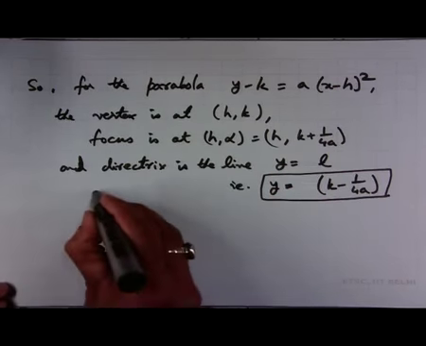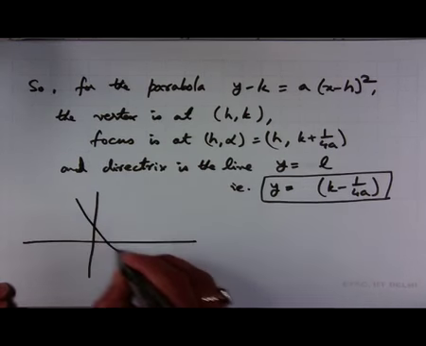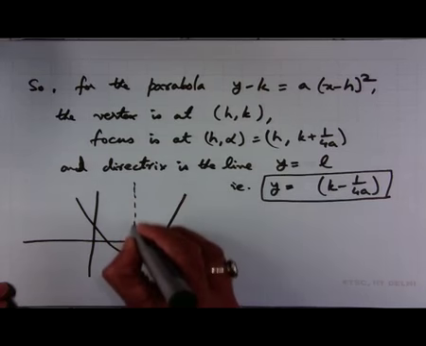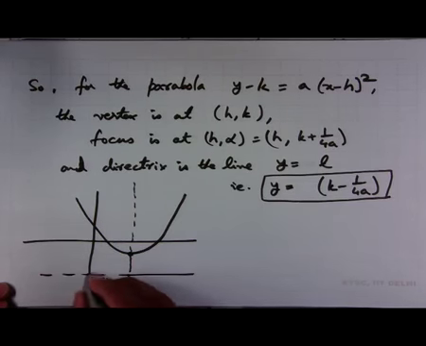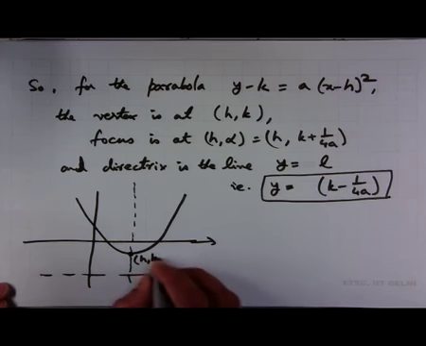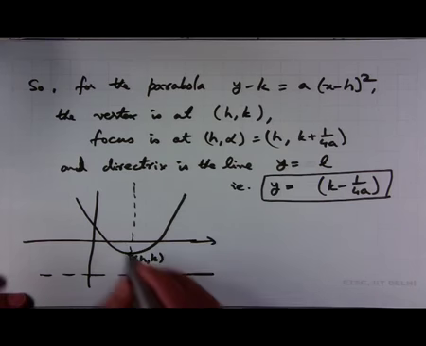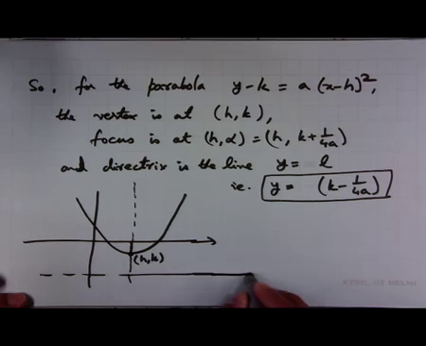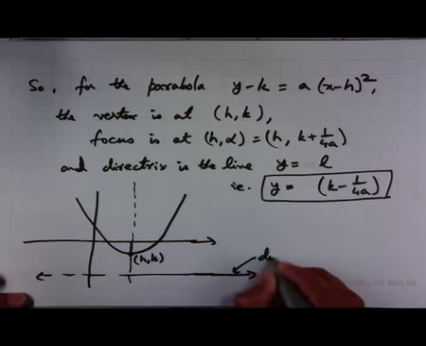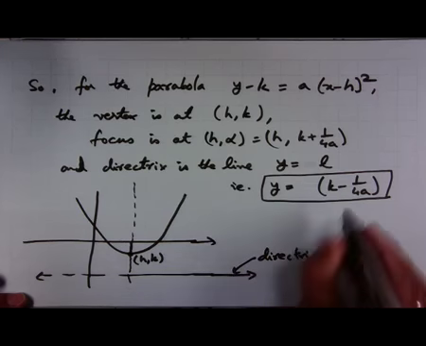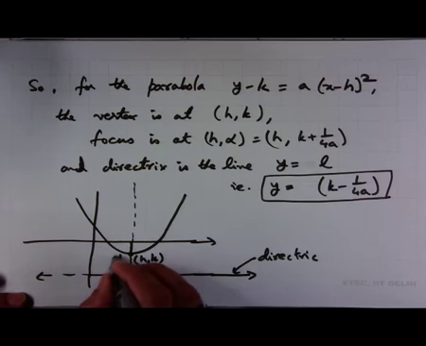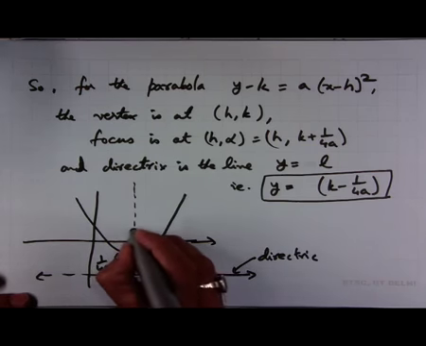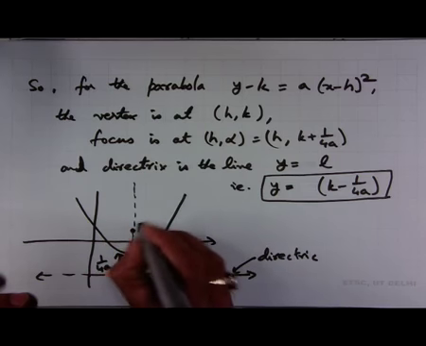So to remember this, if we have the vertex at h comma k, then the directrix is at distance 1 by 4a from this vertex, and the focus is again at distance 1 by 4a.